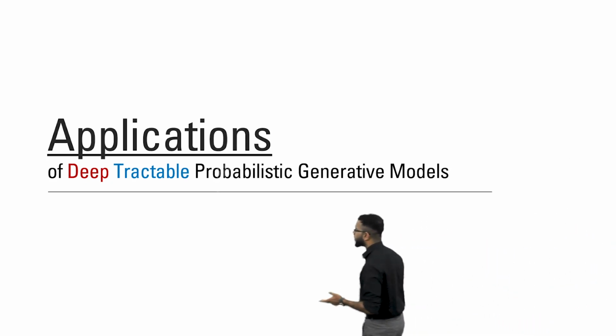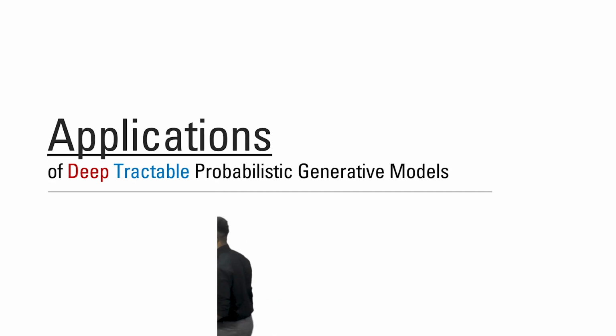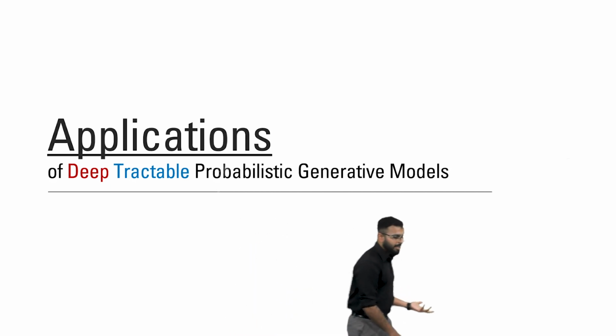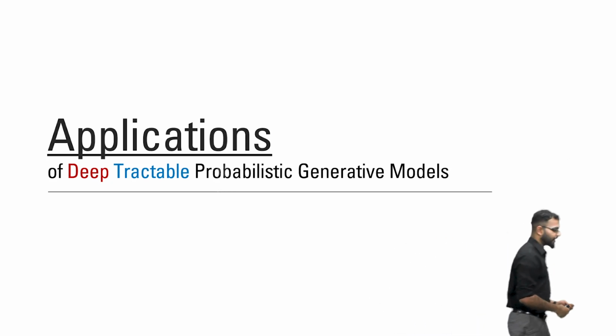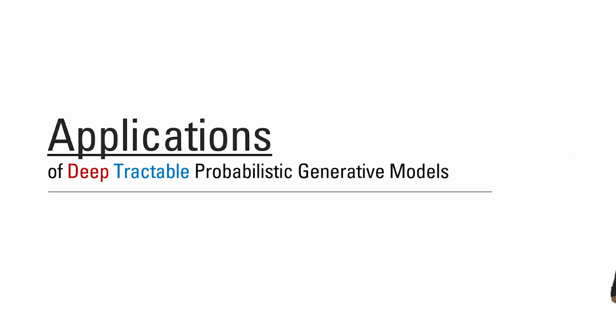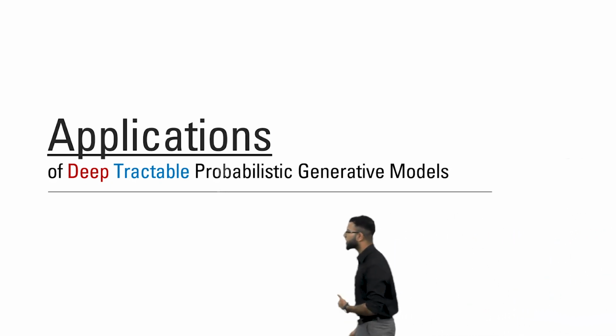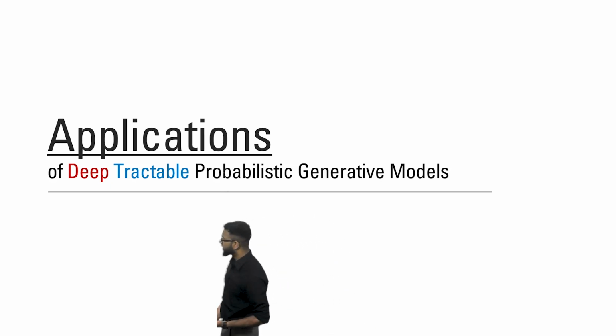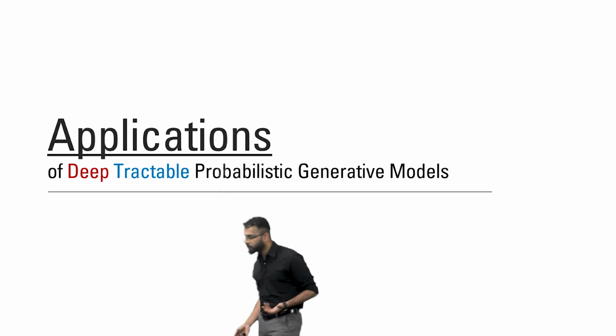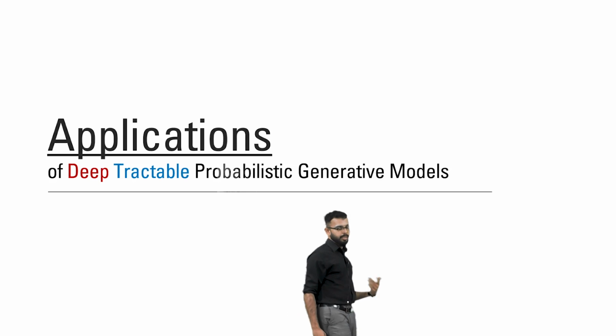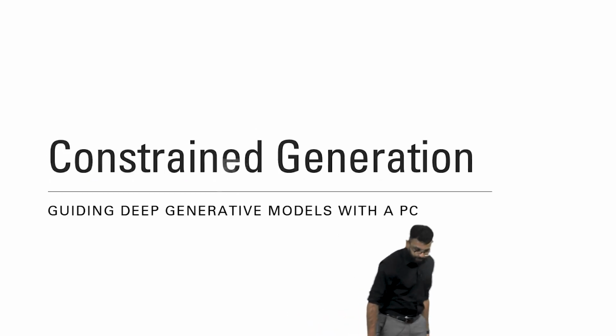Now, a question that many of you have asked me is where these models are actually applicable. Applications are being actively worked on, because this field has got a lot of interest, especially the deep part of it, in the recent five years. People are using it for different applications, but I'll discuss two that I find most exciting.